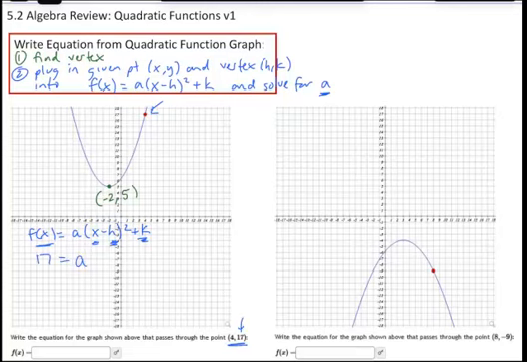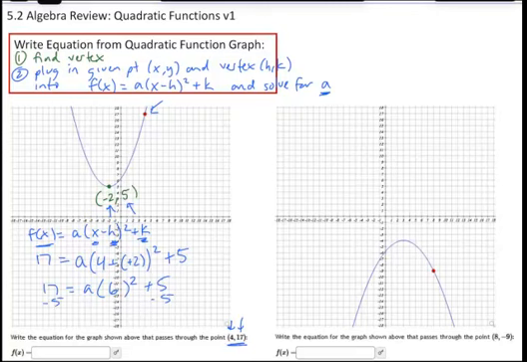That's what we're solving for. Our x value is 4. Our h value is -2. And our k value is 5. So these are the pieces that we're plugging in. Minus minus is a plus. So here we get 17 is equal to a times (4 plus 2, which is 6) squared plus 5.